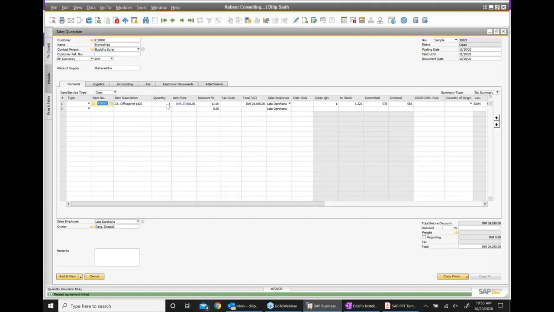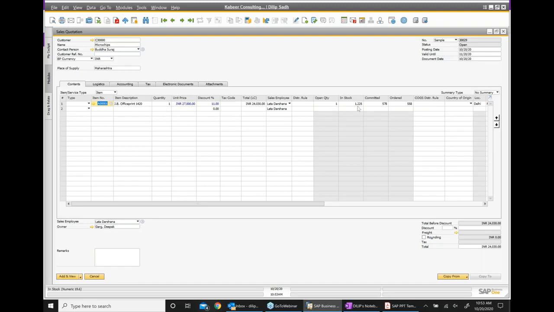Now this item, just one piece. You can take whatever quantity you want, it doesn't make a difference. So this is one piece. The unit price is 27,000, whatever list price we have maintained. Open quantity is 1 because this is a quotation.